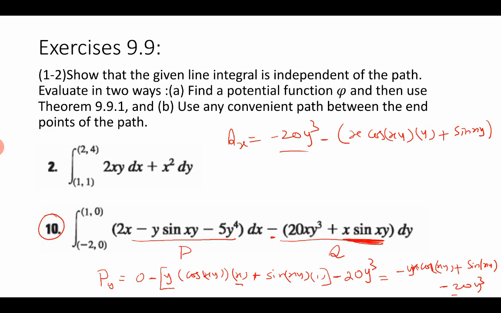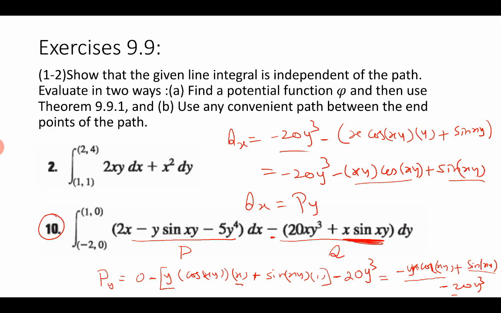Simplify this: minus 20y cubed minus xy cosine xy plus sin xy. You see the same terms, xy cosine xy is here, sin xy is here, minus 20y cubed. So Qx is equal to Py. Therefore the F vector is conservative for problem number 10. First part is done, isn't it?